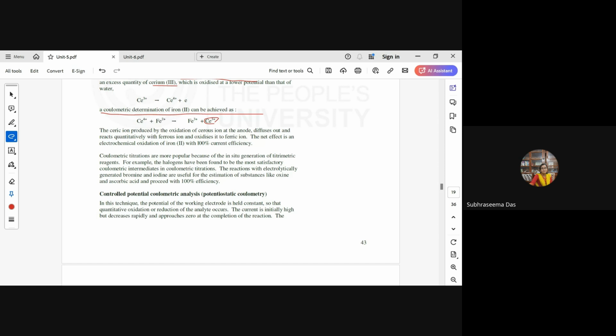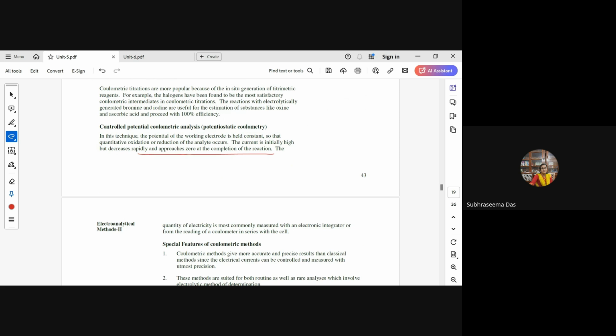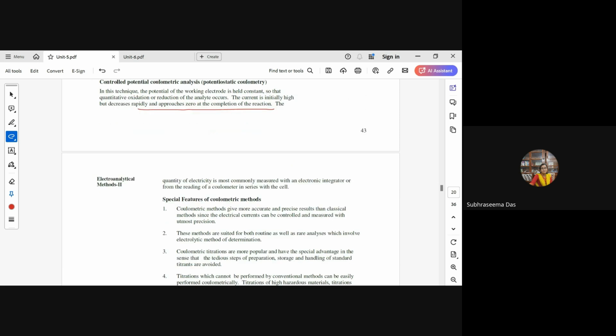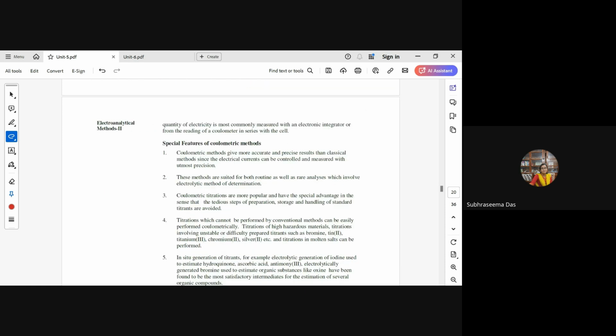The current is initially high but decreases rapidly and approaches zero at the end of the reaction. The quantity of electricity is most commonly measured with an electronic integrator or from the reading of the series in the cell.